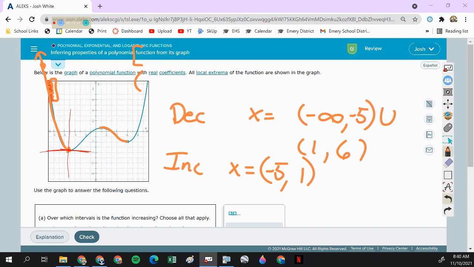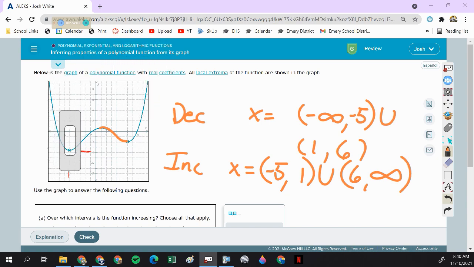And then union with, when else is the roller coaster going uphill? 6 to infinity. Now, remember, none of those are y values. Those are all x values. We're not asking how high the roller coaster went. We just want to know when in time were you going downhill, and when in time were you going uphill.